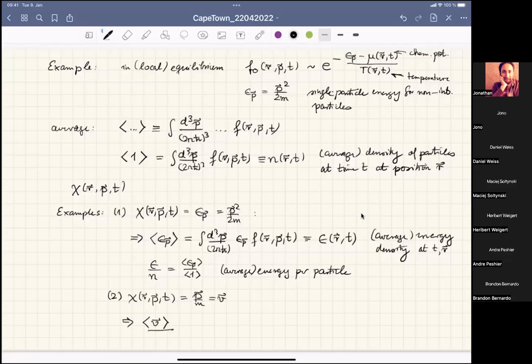If I divide by the particle density, I get another quantity with dimension velocity, and that's, as you would expect, the average velocity. Let me call this u of r and t. It's the average velocity of particles at t and r.